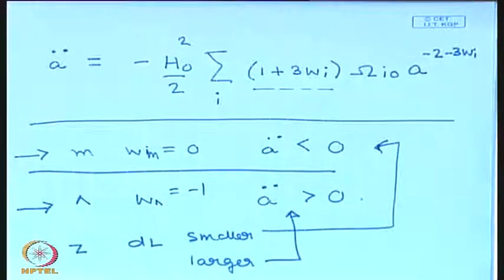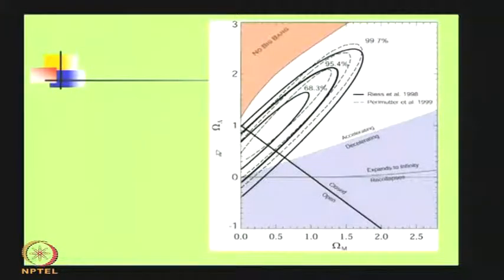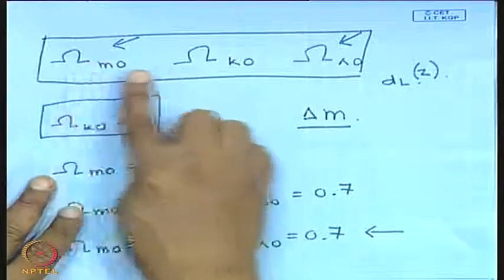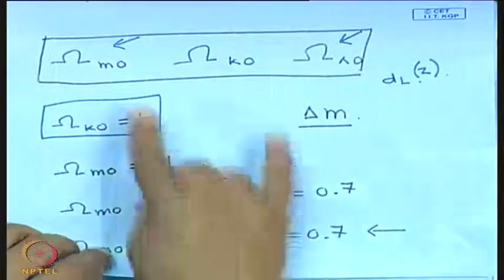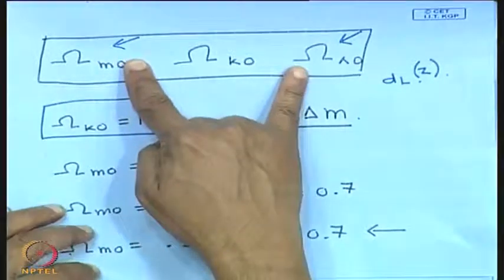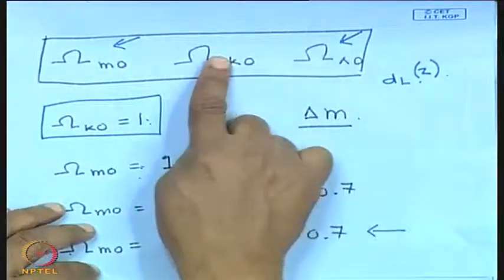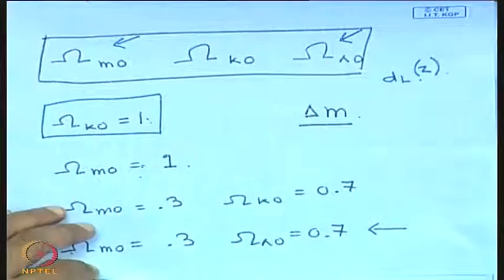Then you have a model with three parameters: omega matter naught, omega curvature naught, and omega lambda naught. Any two of these can be varied, and the third is determined from the fact that the sum is 1.